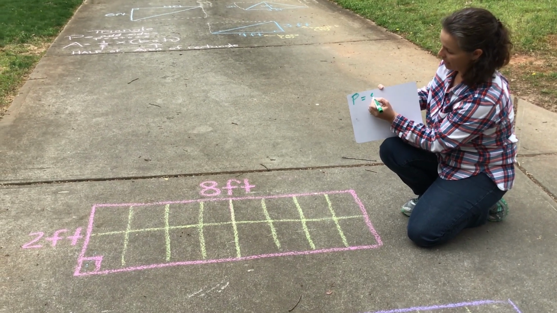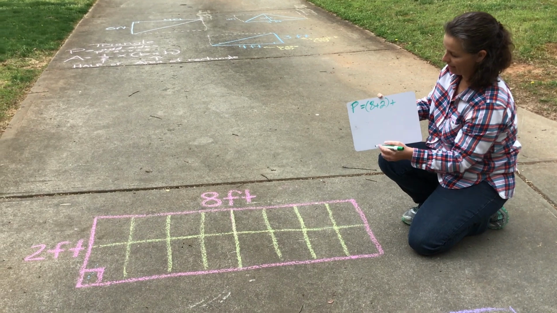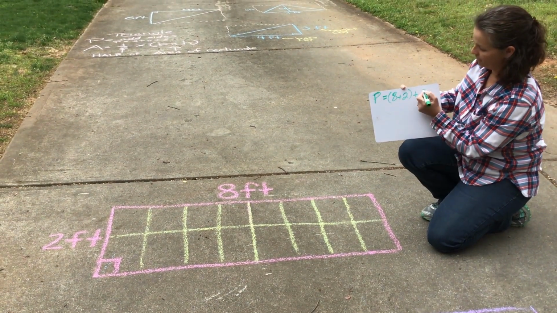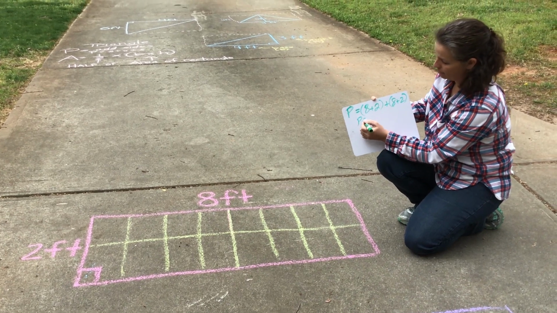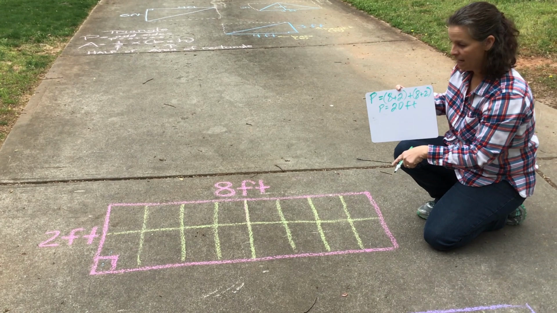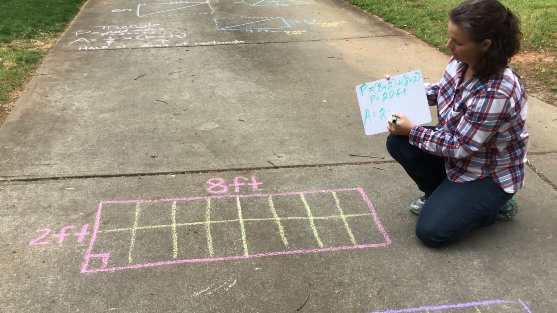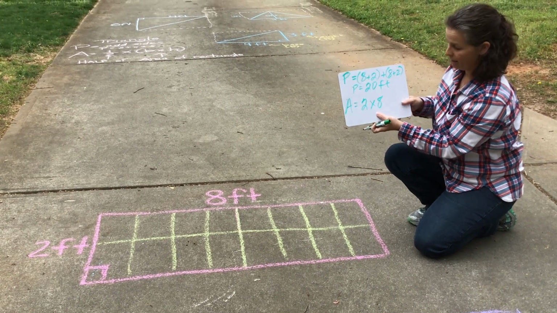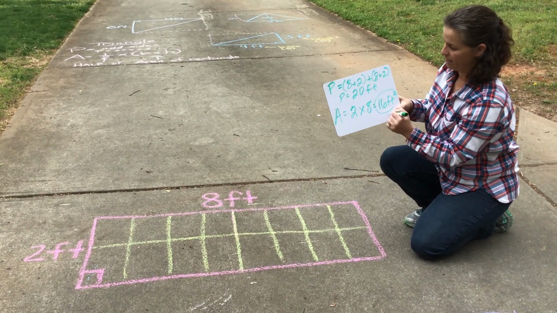So we're going to do 8 plus 2 to get those 2 sides, and then we're going to add it to another 8 and another 2 for the other 2 sides. 10 plus 10, that perimeter is 20 feet around. Now the area, it's 2 by 8, so the area is 16 square feet.